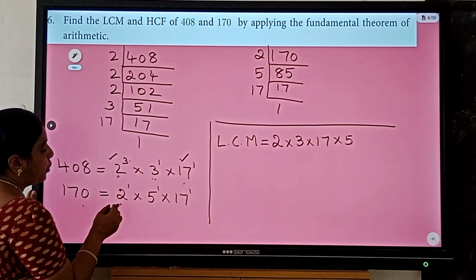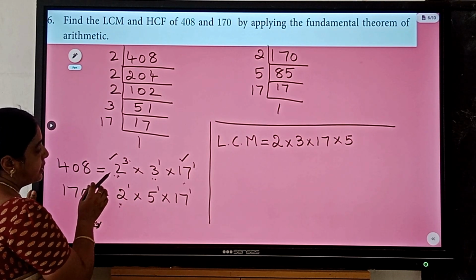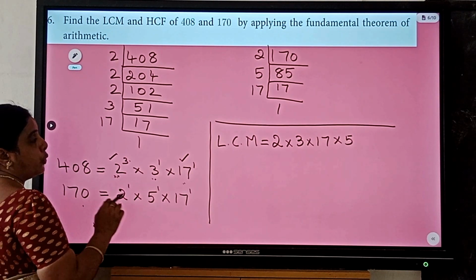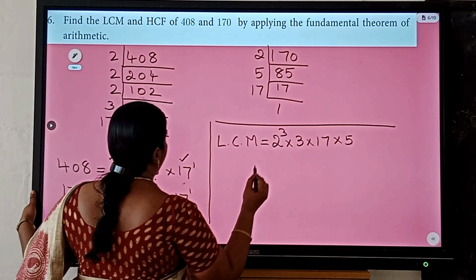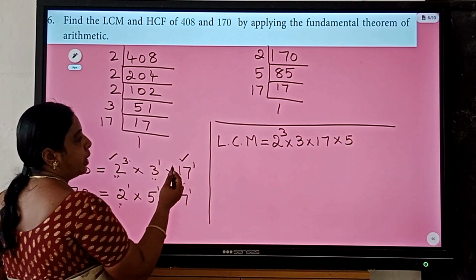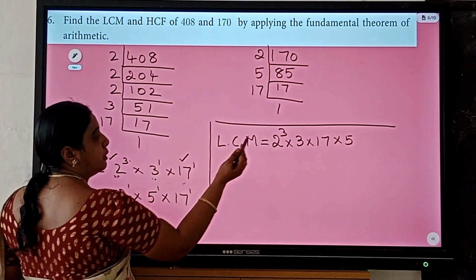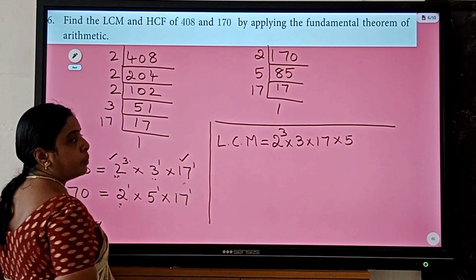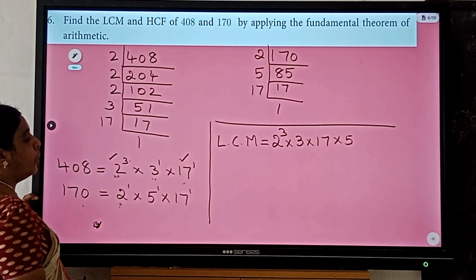Since I have 2 repeated here, I will see which has the highest power. So it is 2 cube. I will write here 2 cube. Now 3 power 1, only 3 power 1, 17 power 1, and 5 power 1, only 5 power 1.